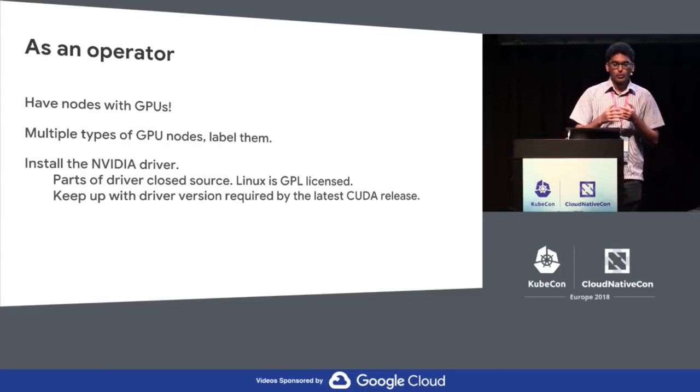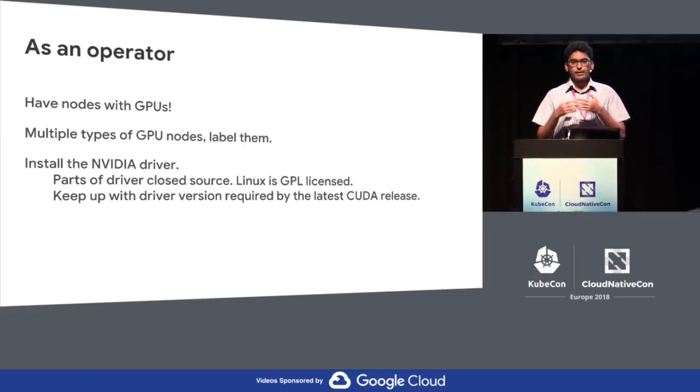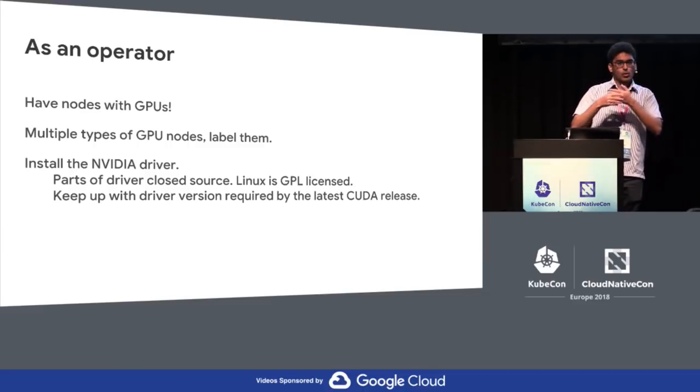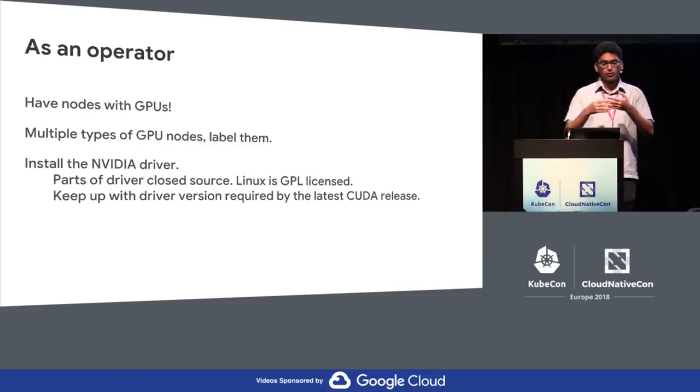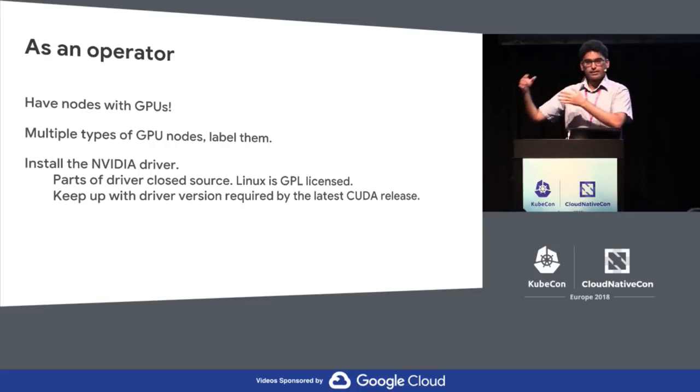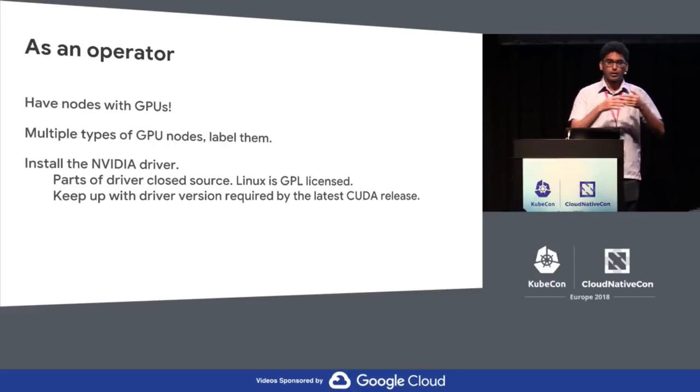The other thing you'd want to do is keep up with the driver version required by the latest CUDA release. As I said before, the CUDA toolkit has some dependence on the driver version. So if CUDA releases a new version, you'd want to update to a driver which is required by that version.